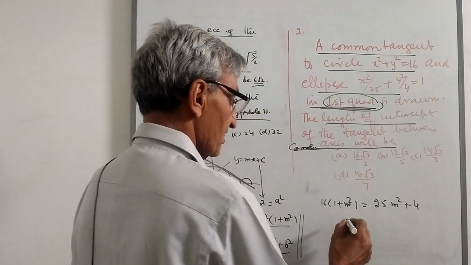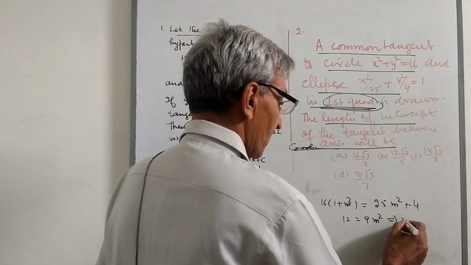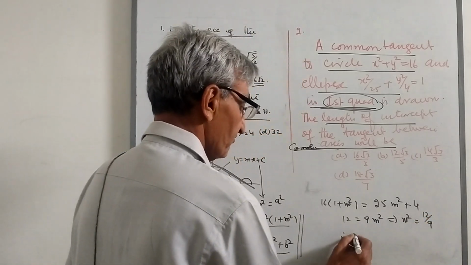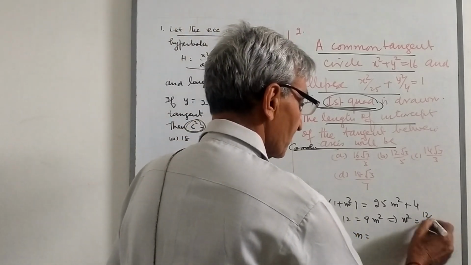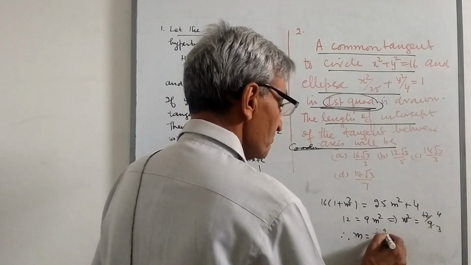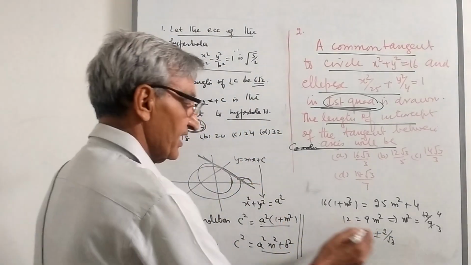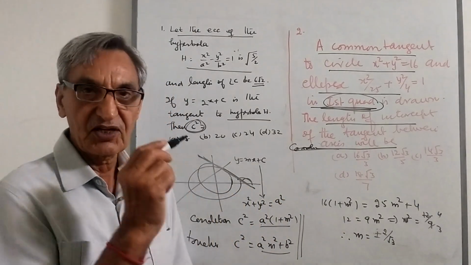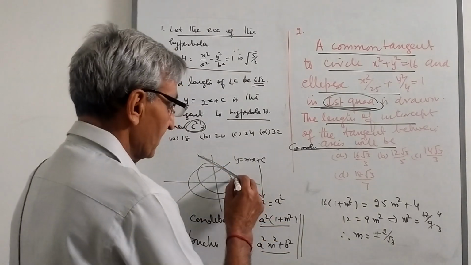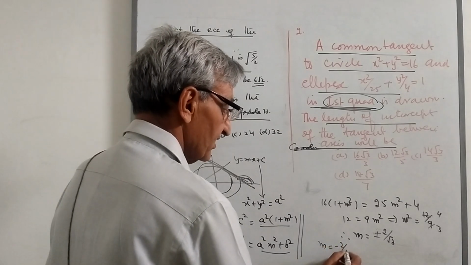It means 12 is equal to 9m square, and therefore m square is equal to 12 by 9, and therefore m is equal to plus minus 2 upon under root 3. Now the sign of m has to be decided. The tangent is drawn in the first quadrant, so the angle is obtuse and therefore m should be negative. So I'll take this one here.